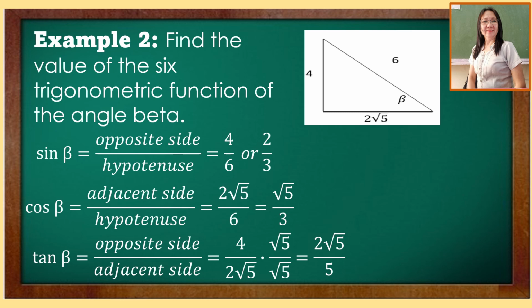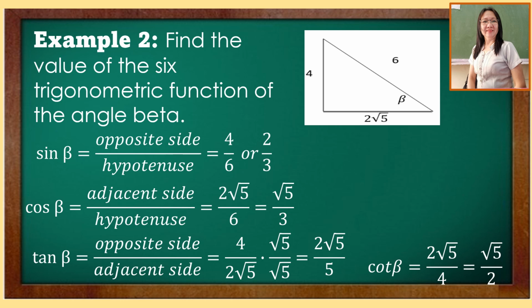So we have the answer as 2 square root of 5 over 5, because we divide 4 by 2. Now, for its reciprocal, cotangent beta is 2 square root of 5 over 4, wherein 2 over 4 is the same as 1/2. So the answer is square root of 5 over 2.